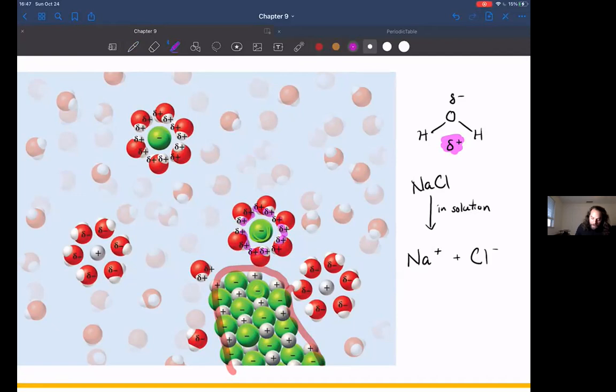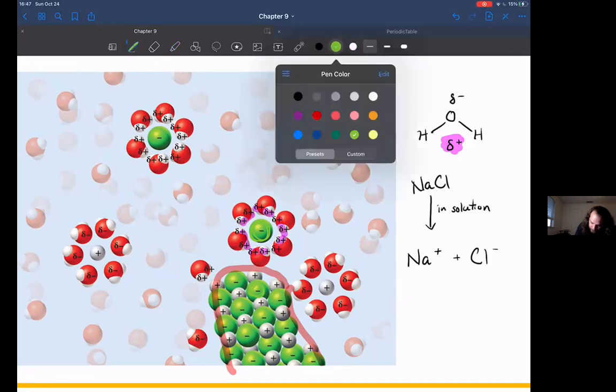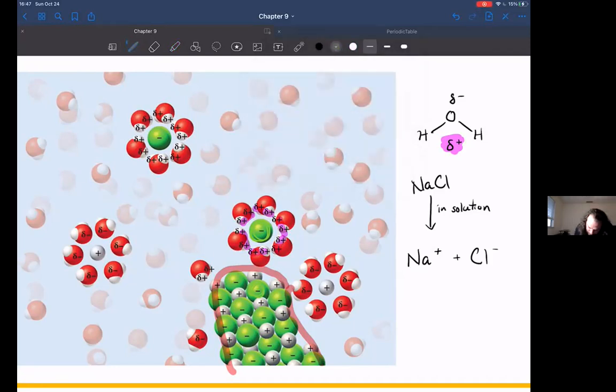And then the opposite happens for the sodium ion. So now my sodium ion is dissociated and floating around separate from that chloride ion. And water is again aligned, but this time the oxygen end is aligned to help solvate that positively charged ion, right?